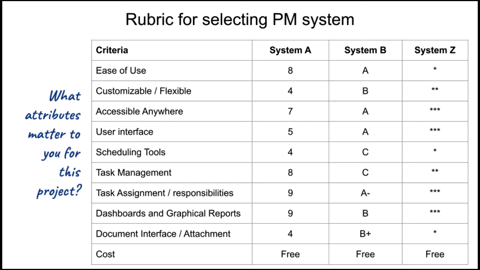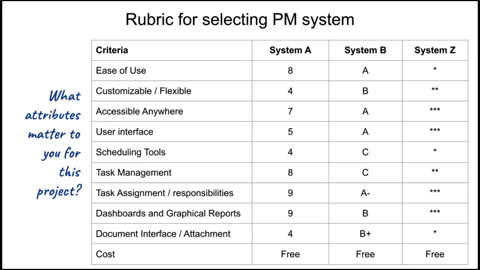You can make up a rating scale, like a numerical based scale shown under System A, or you could use letters like shown under System B, or stars or something else. The point is that you can easily compare systems based on what you think is important, and then make a decision. In this class, all of the systems should be free. Each of the four systems are free, and that's been verified.